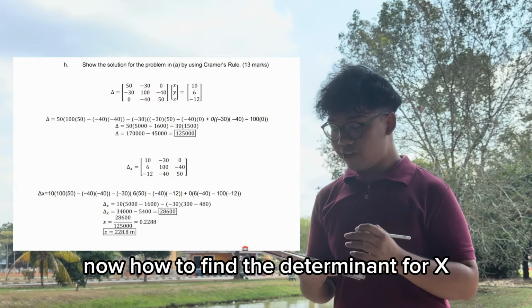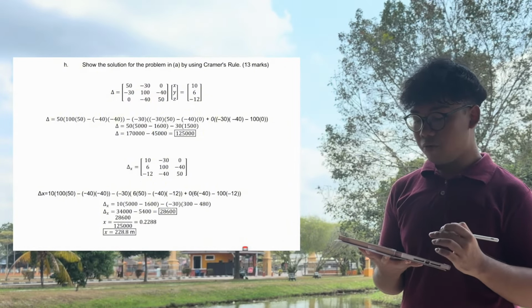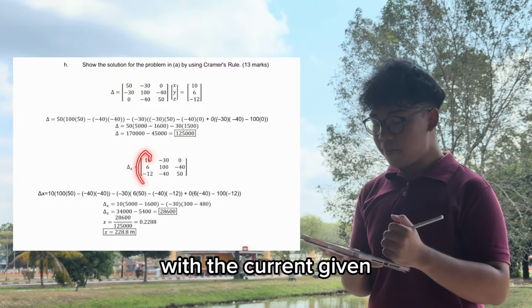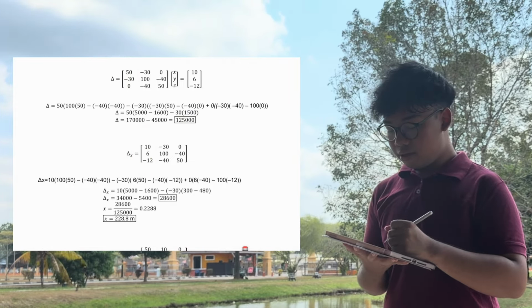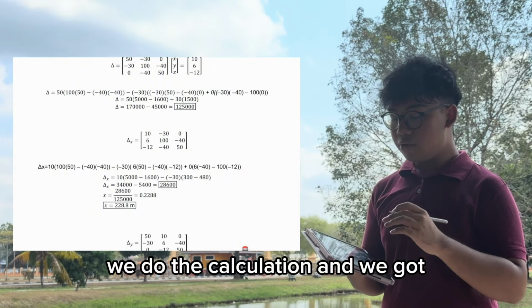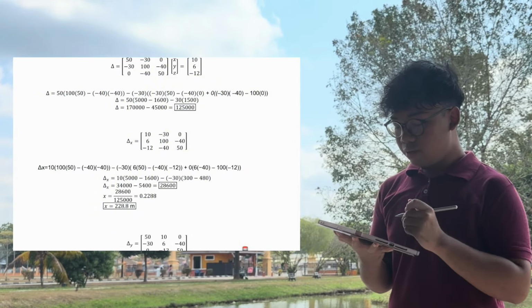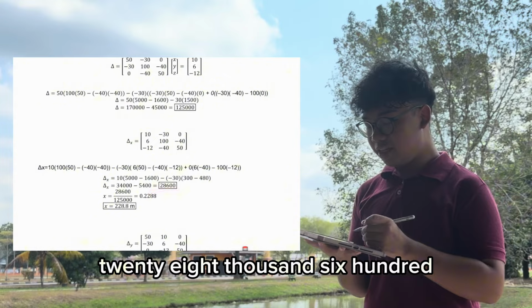Now, how to find the determinant for X? We must replace the first column with the net current given. We do the calculation and we got determinant X equal to 28,600.